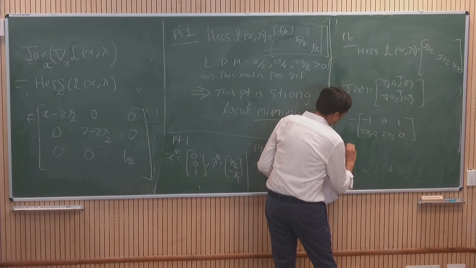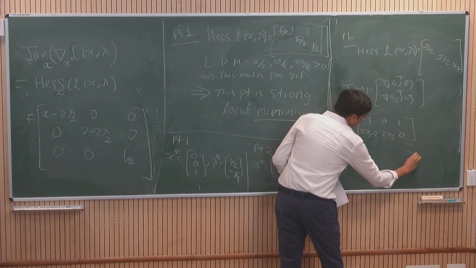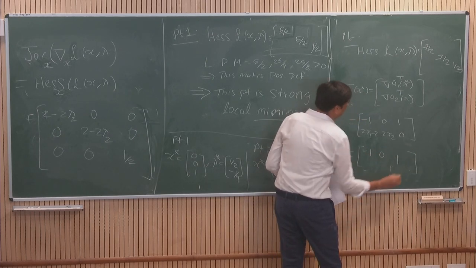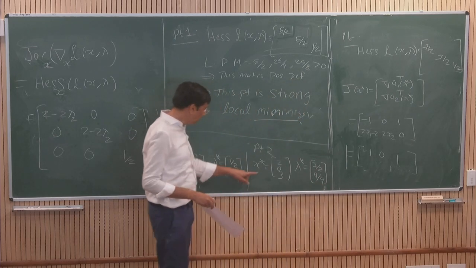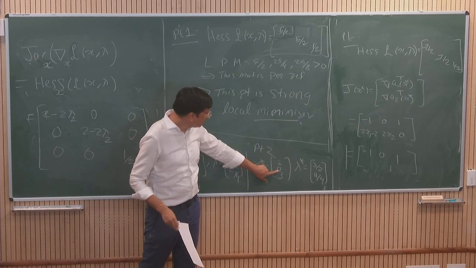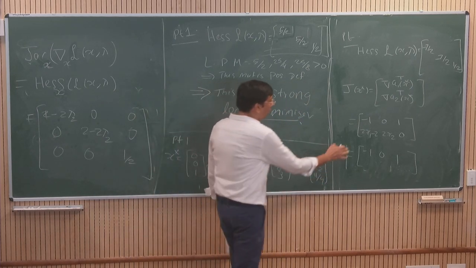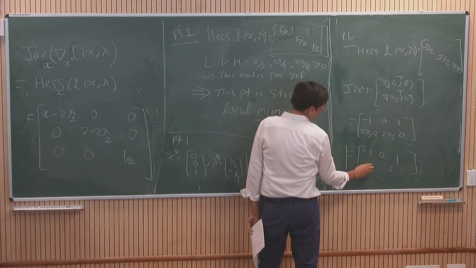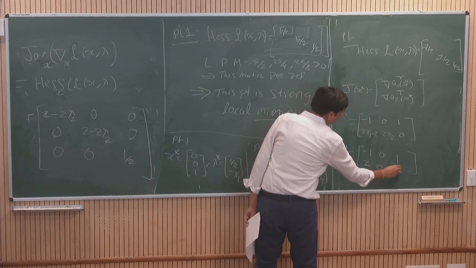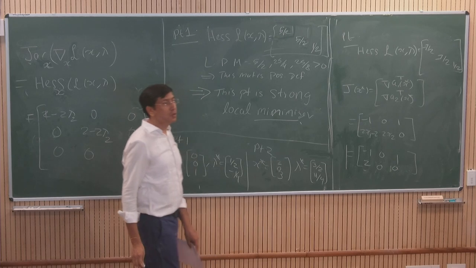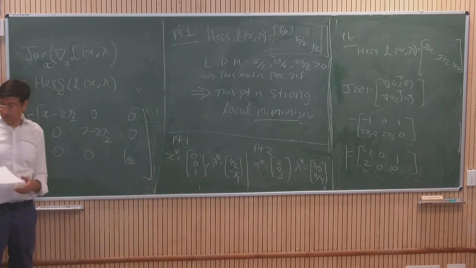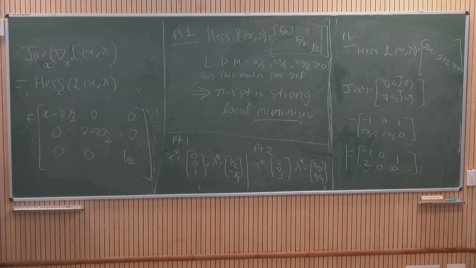Once I substitute the values, it will turn out to be minus 1, 0, 1. What were x1 and x2? 2 and 0. So 2, 4 minus 2 turns out to be 2, 0, 0. This is the Jacobian of the constraint matrix. Correct? Yes or no? Louder.